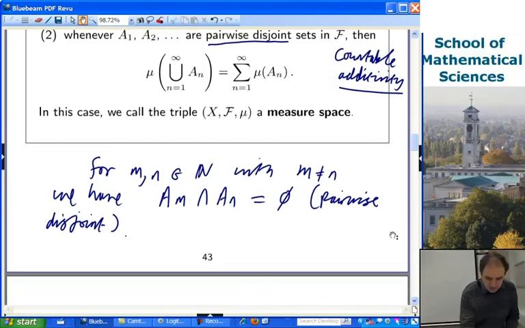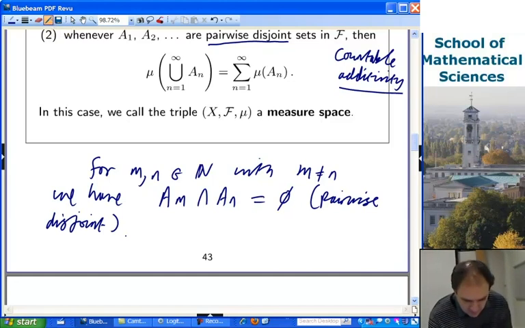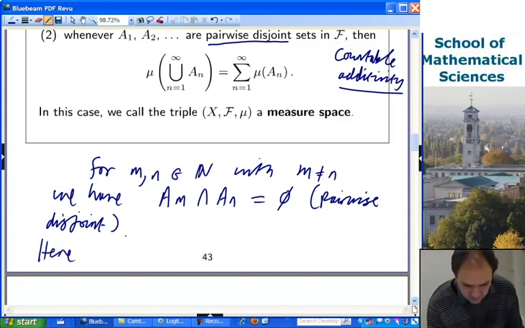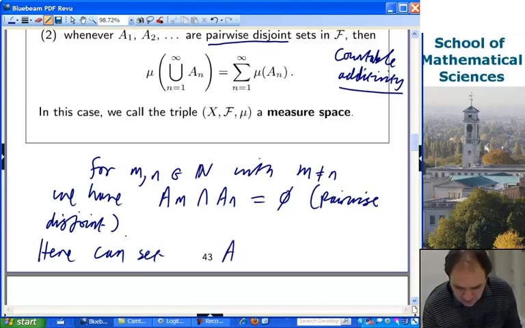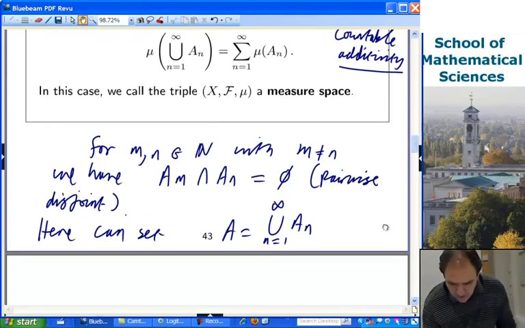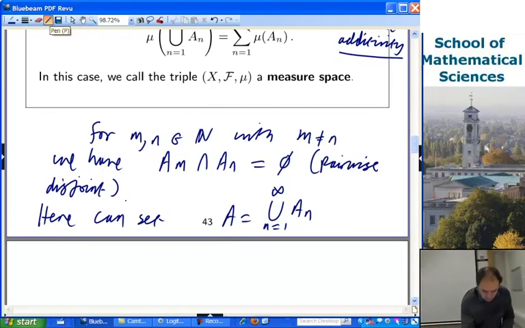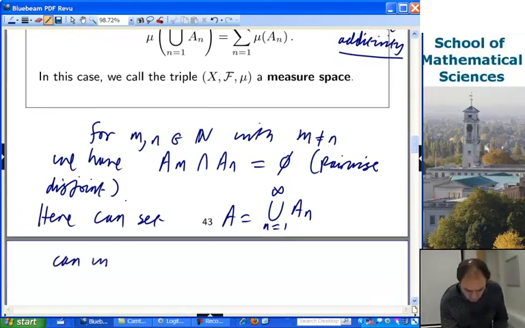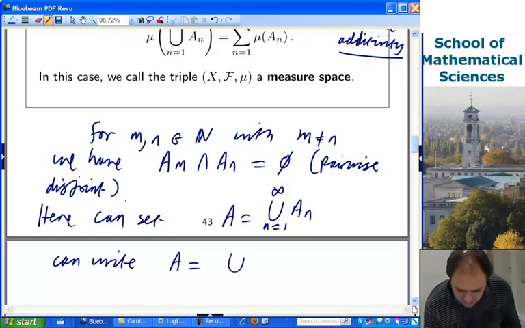And a bit of notation that could be useful. You could set A to be the union from n equals 1 to infinity of A_n. And you can write A to be equal to the disjoint union from n equals 1 to infinity of A_n.